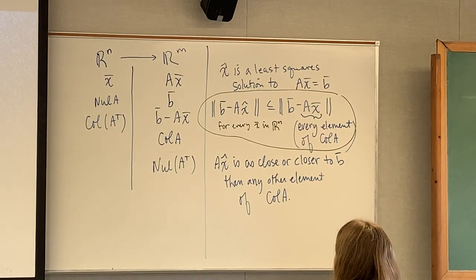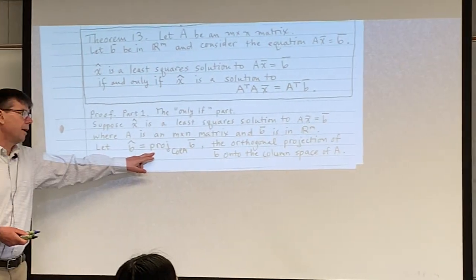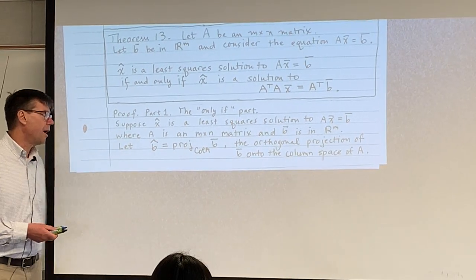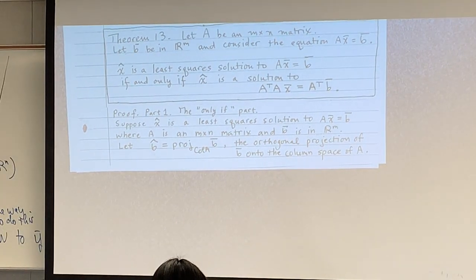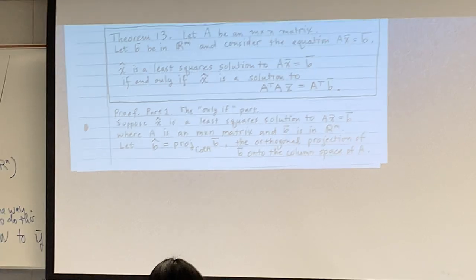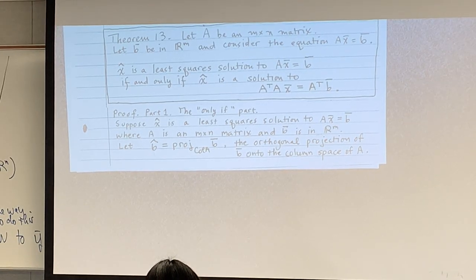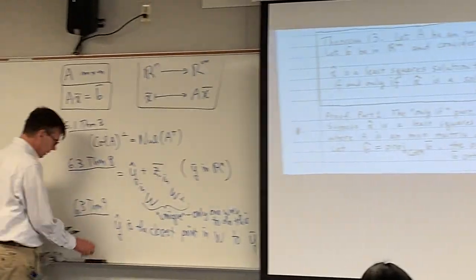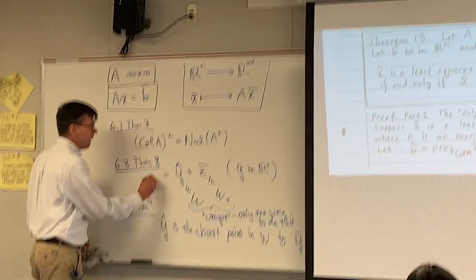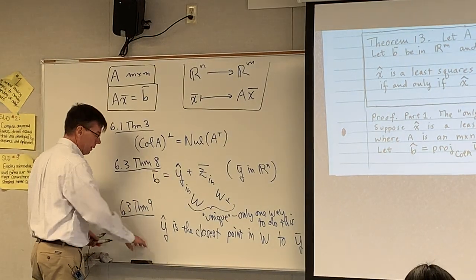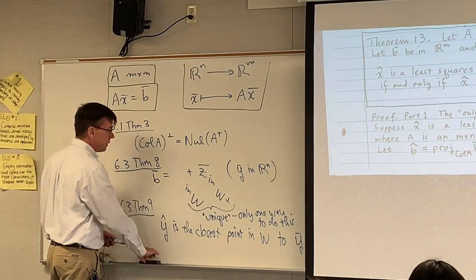So let b hat be the projection of b onto the column space of A. If you go back to our 6.3 theorem 8, where we had a y, we could say take the vector b, and then we get b hat plus c.